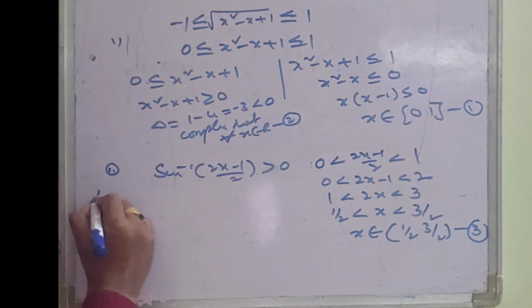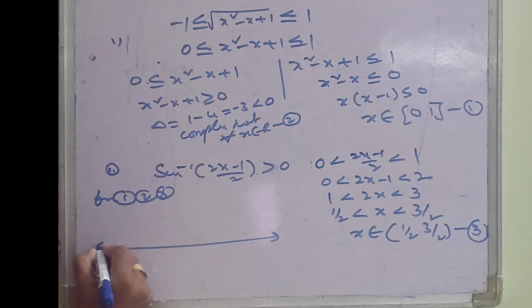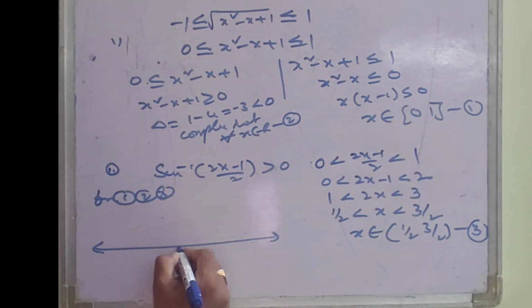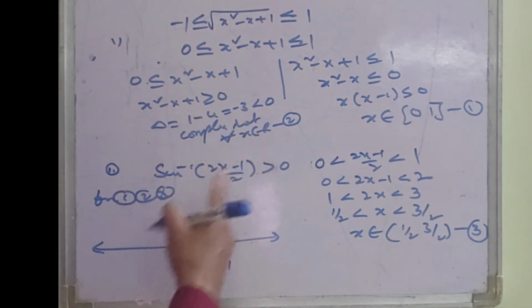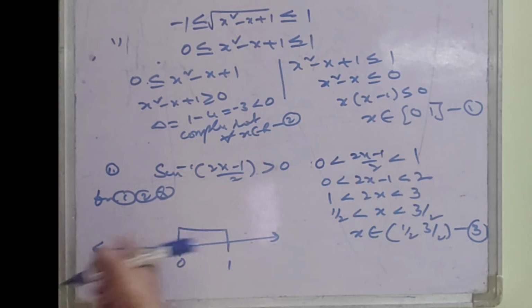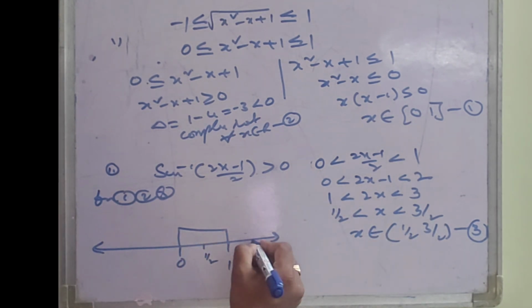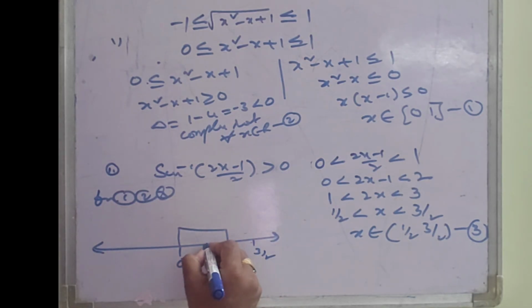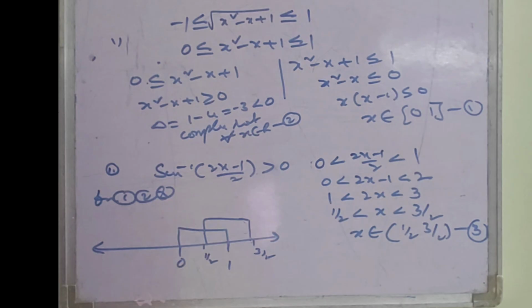So from 1 to 3, on the number line. First one, 0 to 1, this is 0, this is 1, 0 to 1 is the first case, for all x belongs to R is the second. Here 1/2 is there, and 3/2 is here. Now this is the third one.